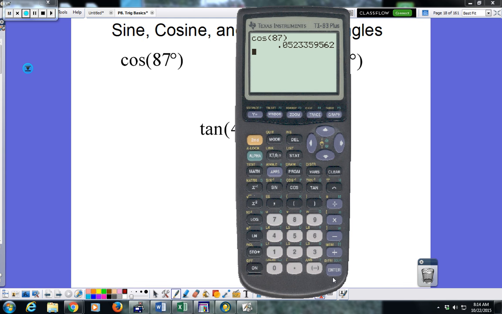Some of you got a different answer from what I just typed in. Here's why. Make sure this is an 87 degree angle. This is not an 87 radian angle. So what you got to do, hit your mode button and just make sure you're not in radian mode, but you are in degree mode. We will be constantly flipping back and forth between radian and degrees all through this chapter.